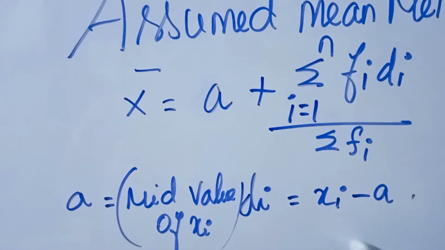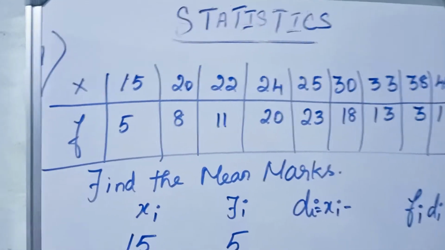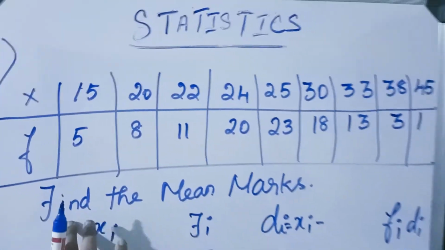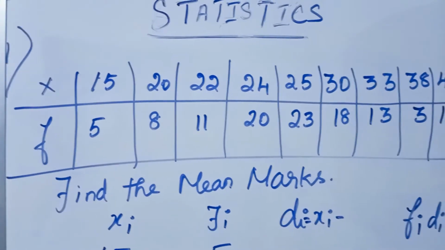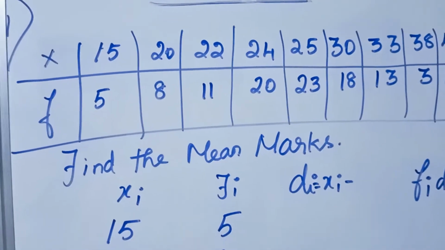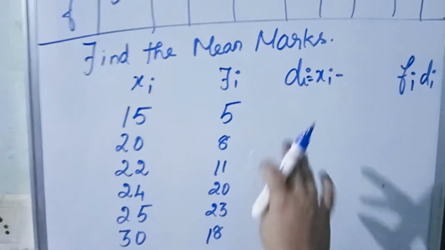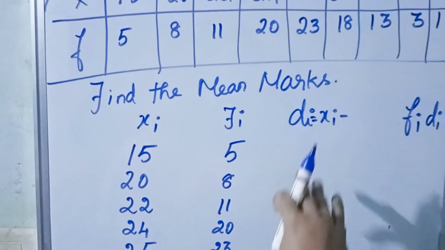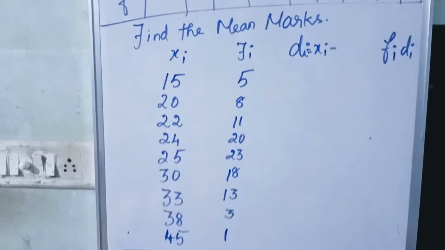Let's see the problem. This is the question, the data they given. We have to find the mean marks using the shortcut method, that means the assumed mean method. So I am going to make the table of xi and fi. Now I am going to find di. What is the formula for di? di equal to xi minus a.